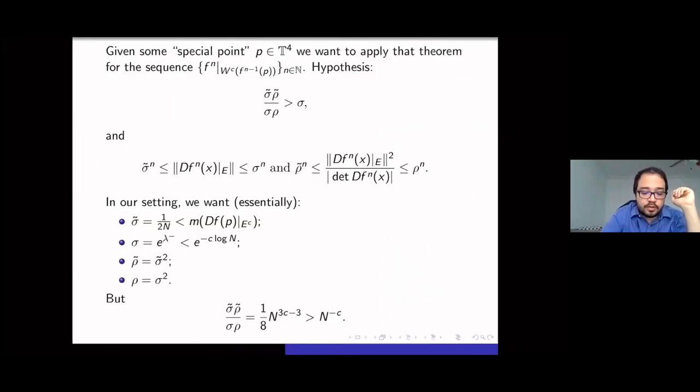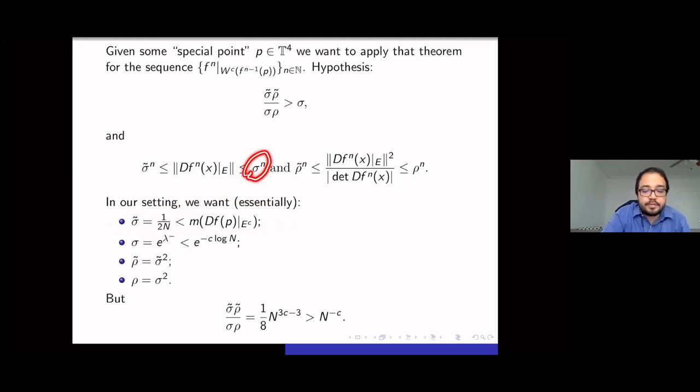So the translation for a stable manifold, for example, would be sigma tilde, the lower bound. It's a lower bound for the conorm of the derivative on the center. So you just put the worst that could happen. This gives you 1/2n, for example.